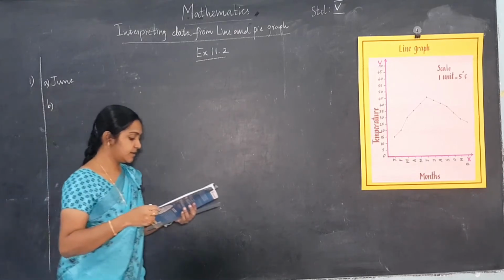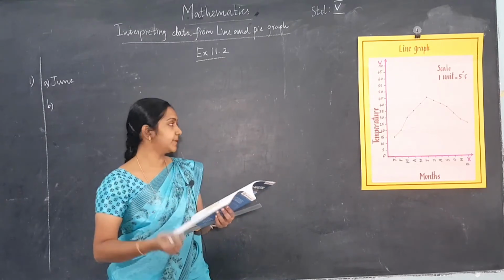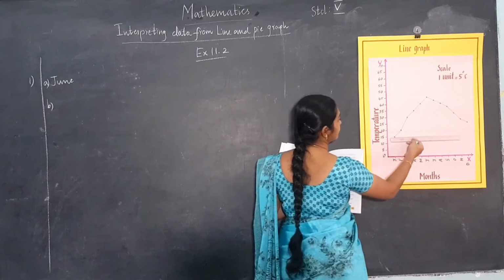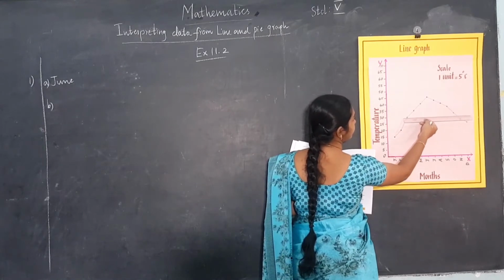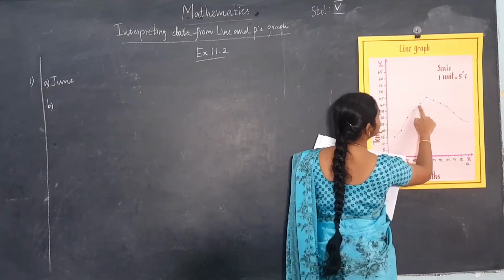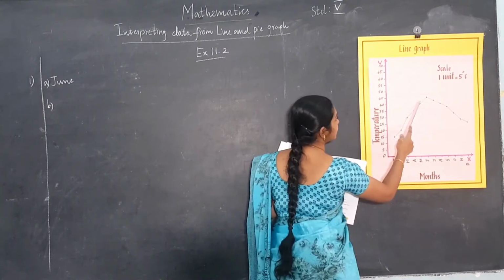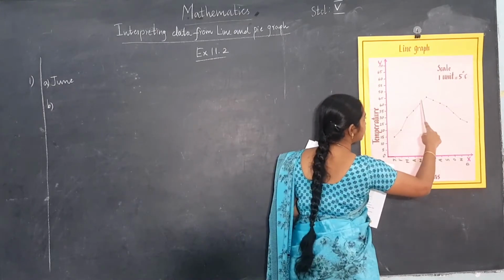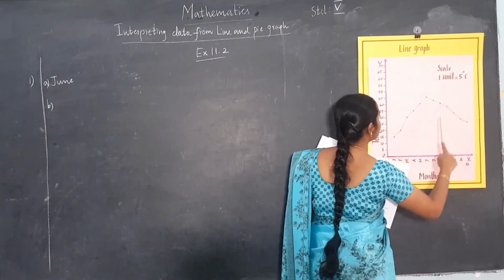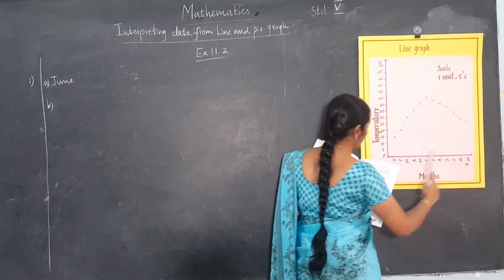Next one. Which two months experienced the same average temperature? See here, these two are with the same temperature. Here and here. Look at the month. Here it is May and here it is August.